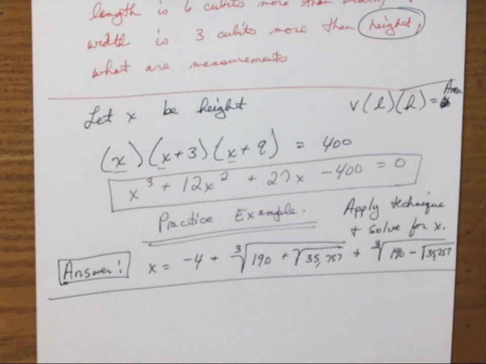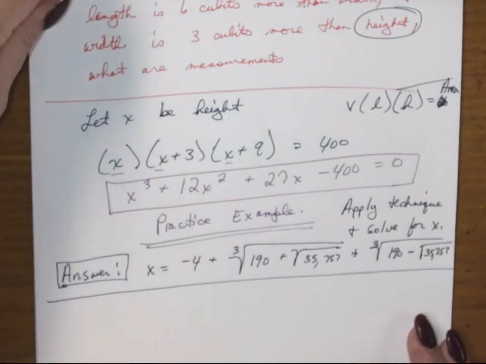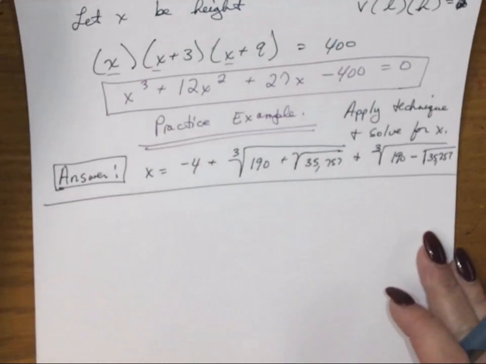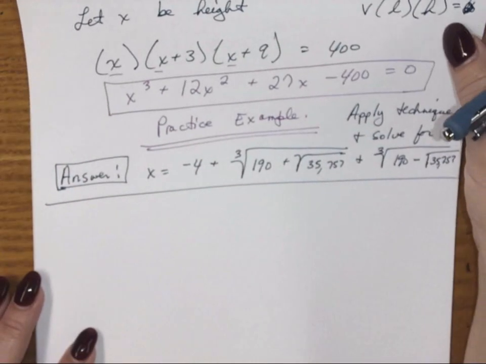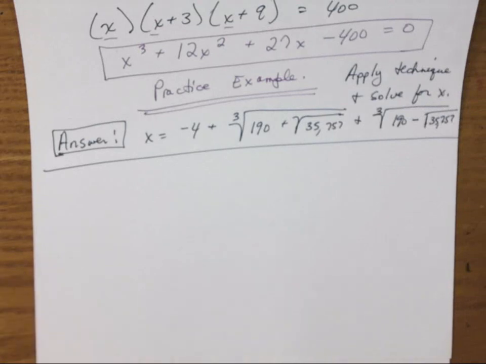Okay. Also in your homework set, and I think I assigned some of this, but if not, just make sure that you're looking at it. The author of your book wants you to realize that Cardano is stumbling onto what we now call complex numbers, right? So the author of your book is wanting you to play with complex numbers.